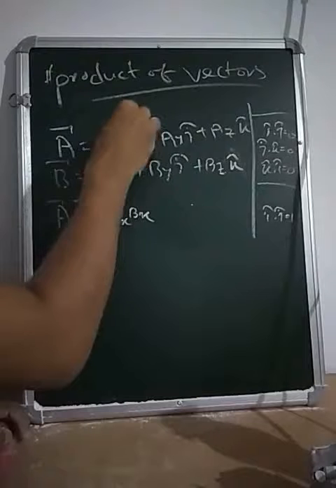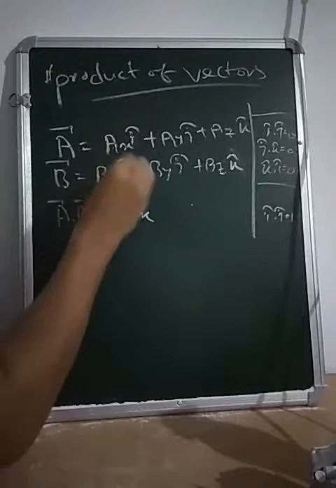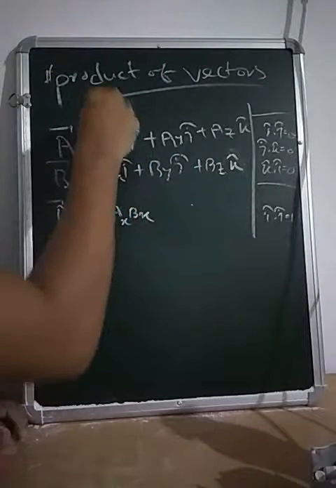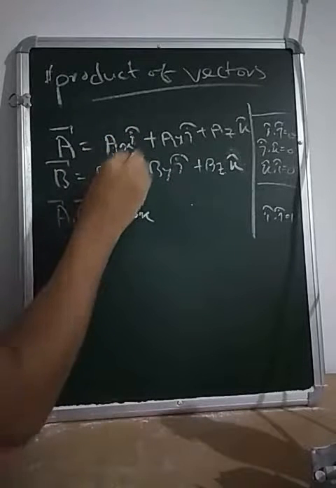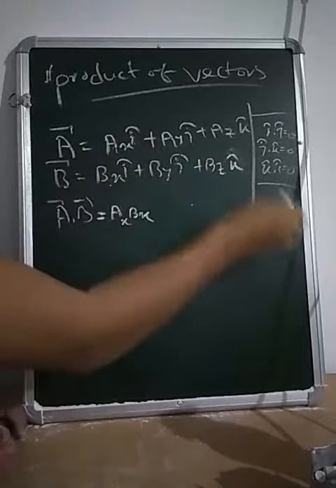So here, if you perform the dot product between Ax and Bx, it will be i dot i, which is 1.